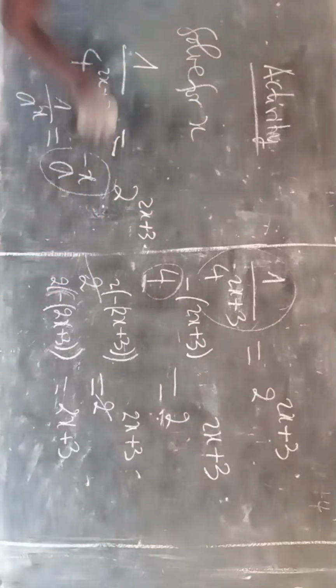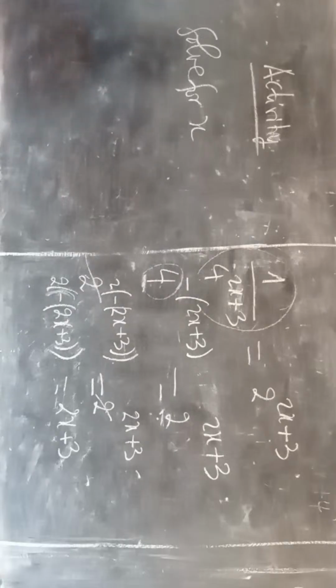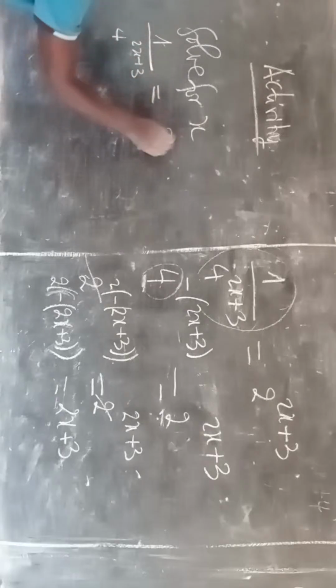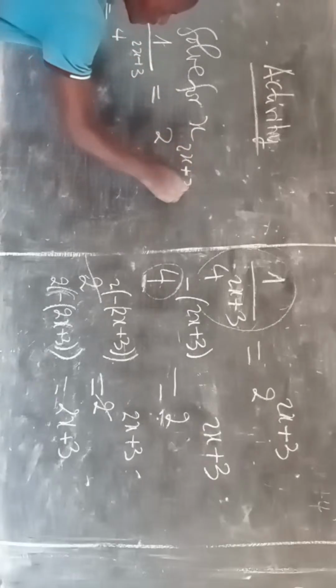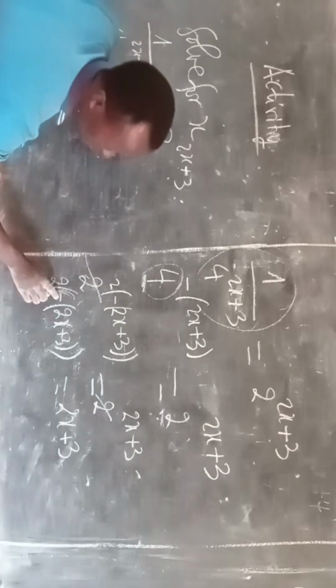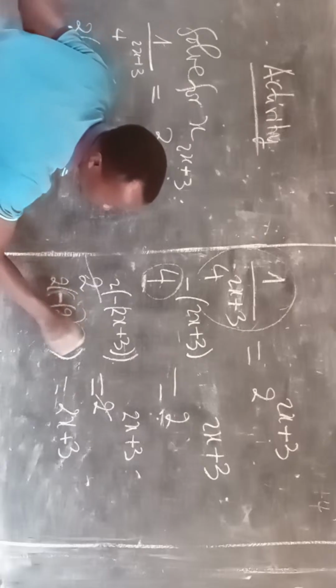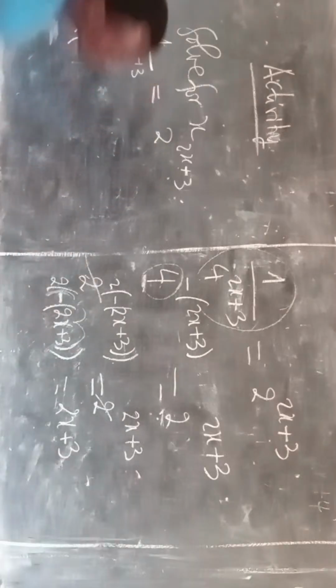Now, final one, it was 1 over 4 power 2x plus 3 is equal to 2 power 2x plus 3. Now final one, we remain to have 2 factor. This minus is going to multiply all numbers in that bracket.